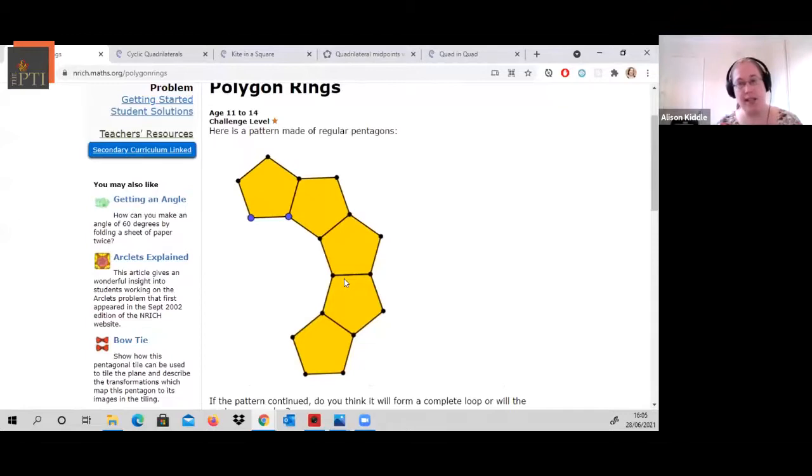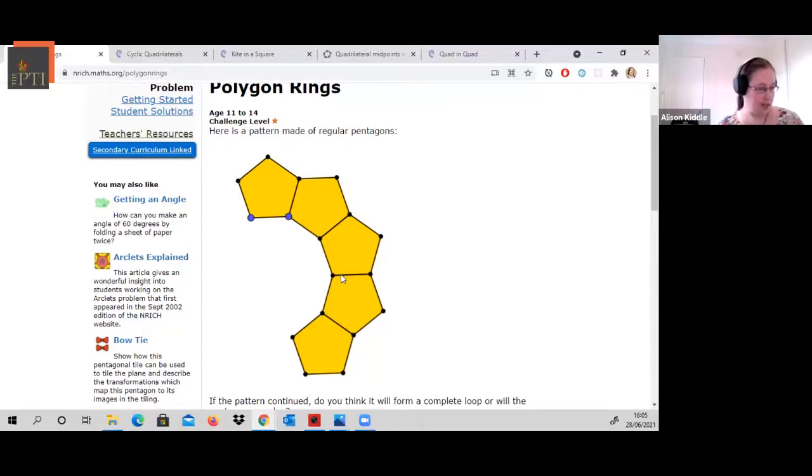But I want to say a little bit about what the motivation for using this problem in the classroom might be. One of the things that we have to teach is angles, and one aspect of angles is for students to know about the interior and exterior angles of polygons, and particularly how to find the angles in regular polygons.